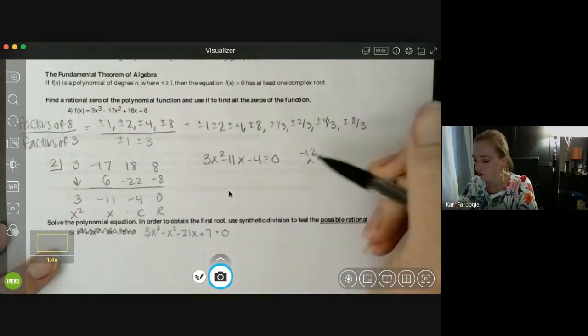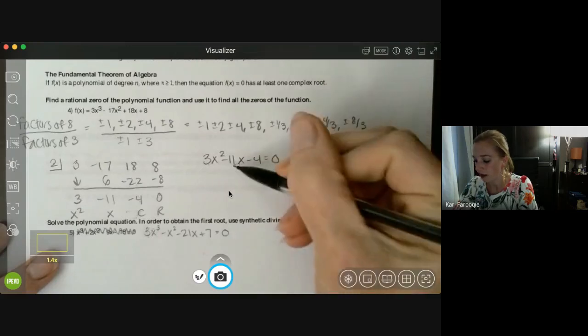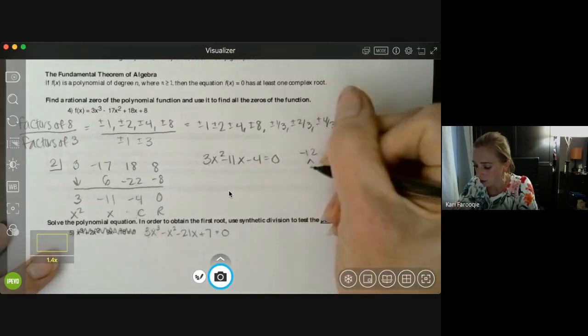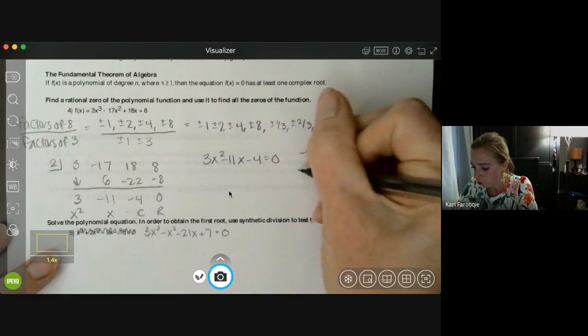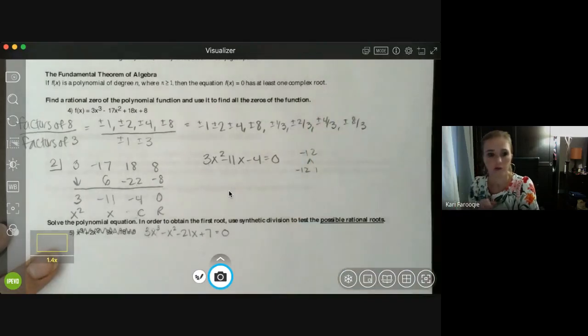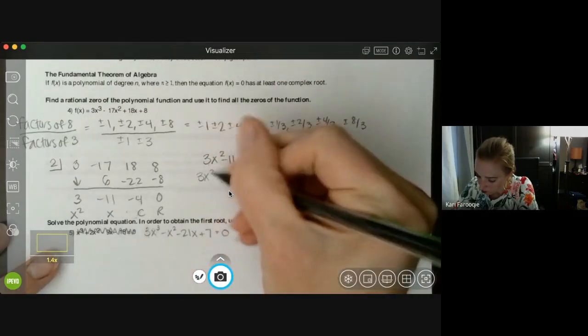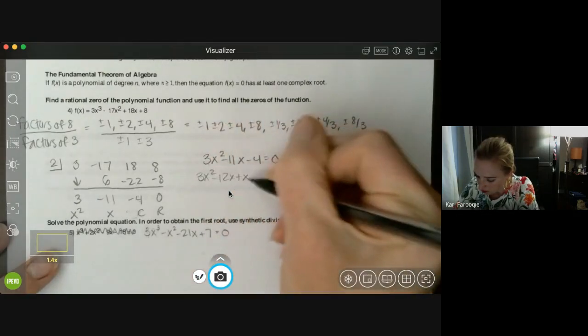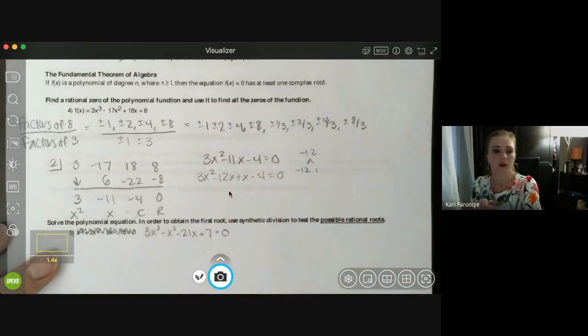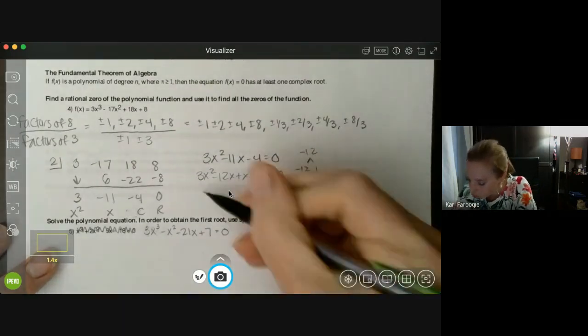The two numbers that multiply to give you negative 12 and add to give you negative 11 are negative 12 and positive 1. Now rewrite your middle term as 3x squared minus 12x plus x minus 4 equals 0, and then factor by grouping.